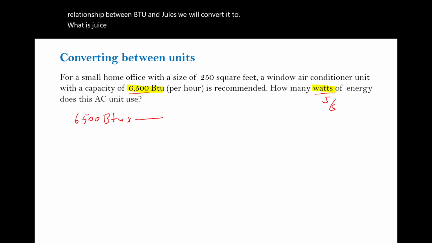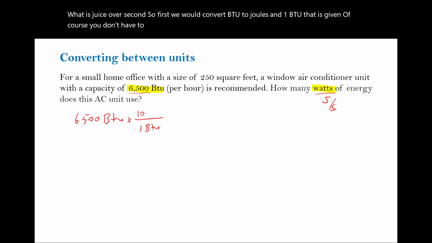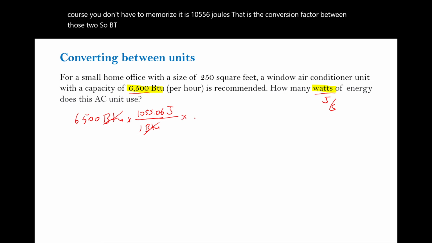So first we will convert BTU to joules, and 1 BTU, that is given, of course, you don't have to memorize it, is 1055.06 joules. That is the conversion factor between those two. So BTU will cancel out. We're not done yet because it's asking for watts. Watts is joules per second. So we already have joules left.